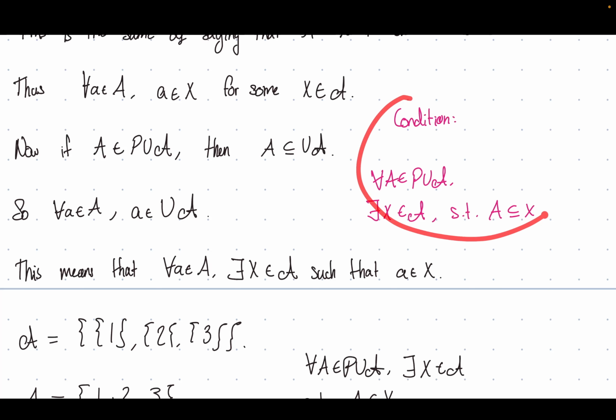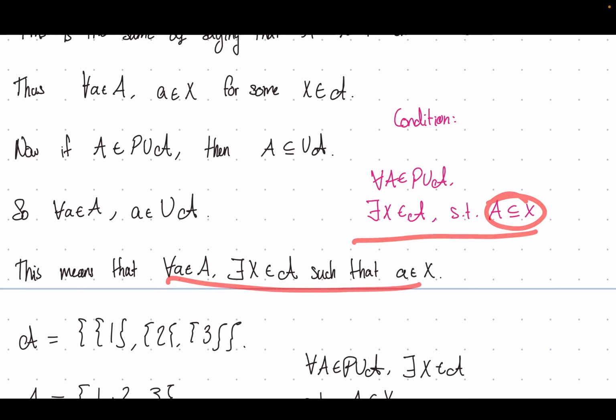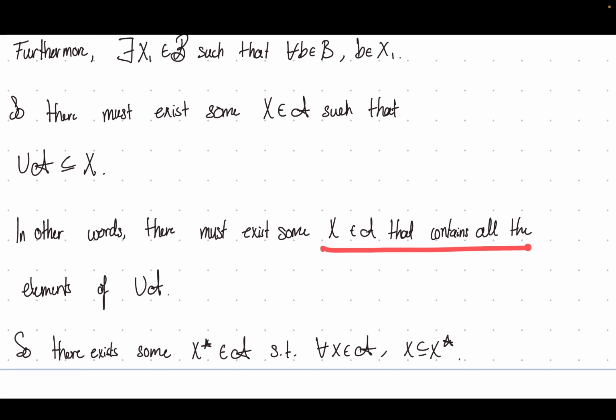That's what I'm trying to say. This one, right here. Then this is just another way of rewriting this part specifically. Now my claim is that this means that there exists some X in script A that contains all the elements of the union of script A.